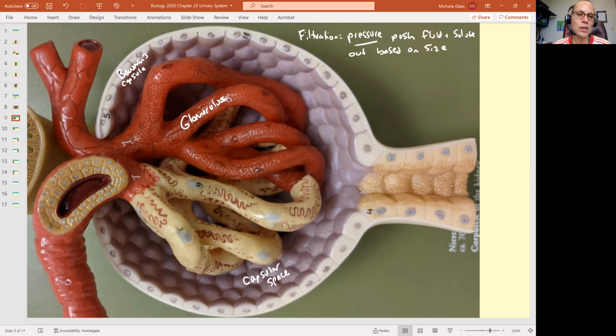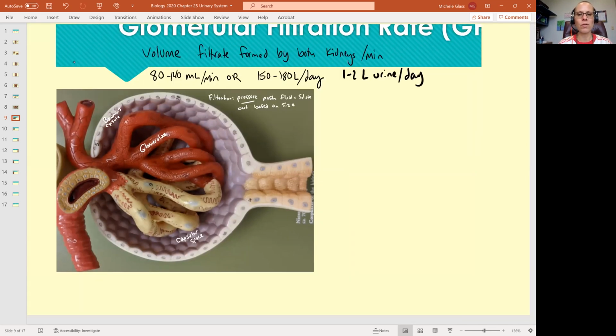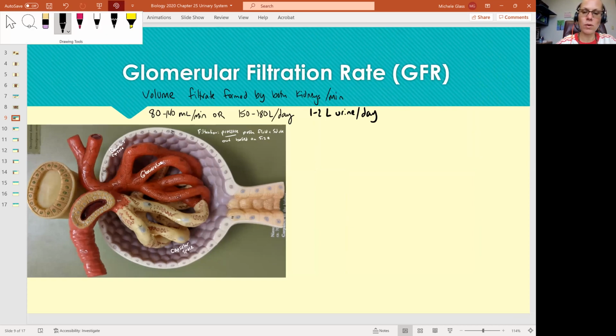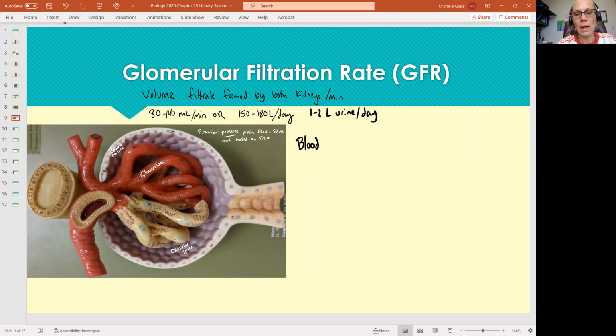And so what we do need to look at is different pressures and how those pressures are playing a role here in the glomerular filtration rate. So we're going to be looking really at three. We have what's called the blood hydrostatic pressure. We have what's called the blood colloid osmotic pressure.